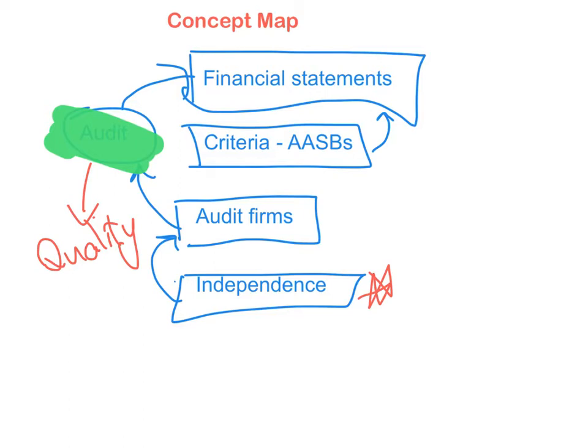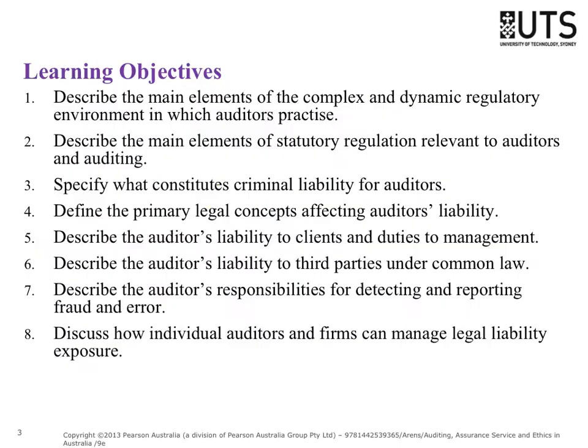To have comparability between firm and firm using our financial statements, we all follow the AASBs. To ensure that audit firms are doing audits of at least the same minimum quality, we're going to look at our auditing standards as that basis today.